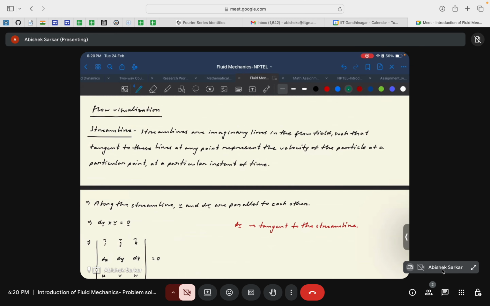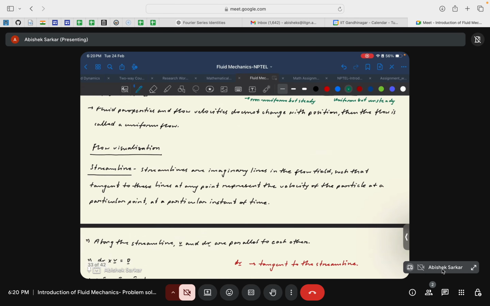Those lines are streamlines that denote the instantaneous velocity field along that particular streamline. By definition, streamlines are imaginary lines in the flow field such that the tangent to these lines at any point represents the velocity of the particle at that point and at a particular instant of time. So streamlines are both local and instantaneous, and that's why these are imaginary lines.